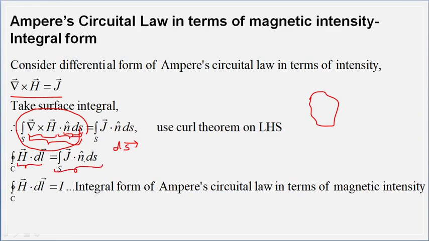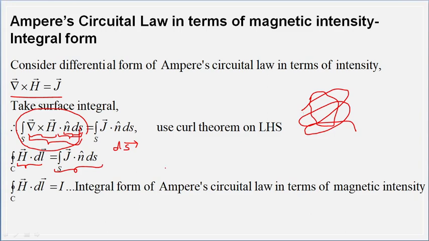Now this J dot ds, J is a current density, current by area into area. So that is the current which crosses that area. For example, suppose you have a solenoid like this. Then this current will cross that material many times.